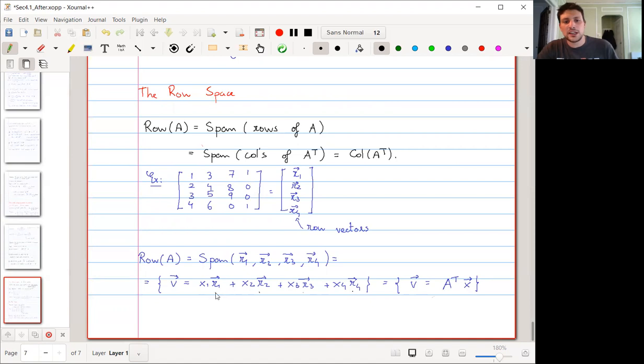But the span of linear combinations of these vectors is the same as the set of vectors that are obtained by multiplying the matrix whose columns are R1, R2, R3, and R4 times the vector x. And the matrix whose columns are the rows of A is exactly A transpose.